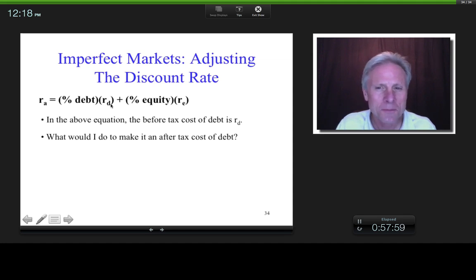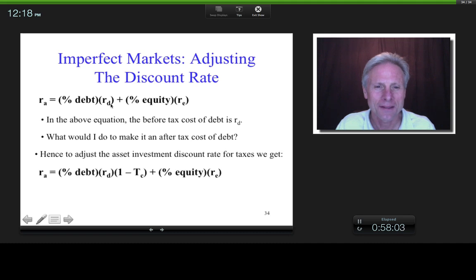Well, could I do the same thing here? I could, right? And so basically, to adjust the discount rate for the asset investment decision and put it on an after-tax basis, all I do is multiply this required rate of return of debt by 1 minus the tax rate. And so there we've achieved our goal of figuring out the discount rate for the asset investment decision.